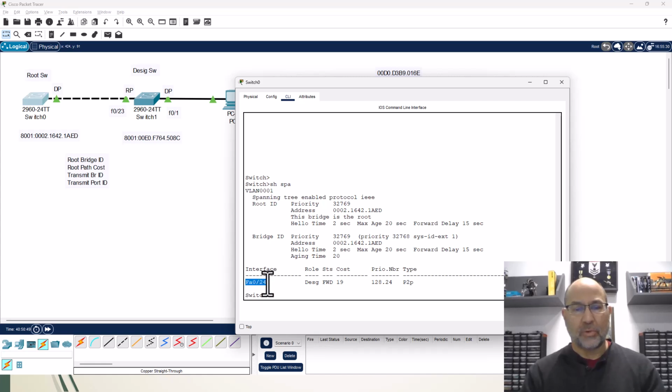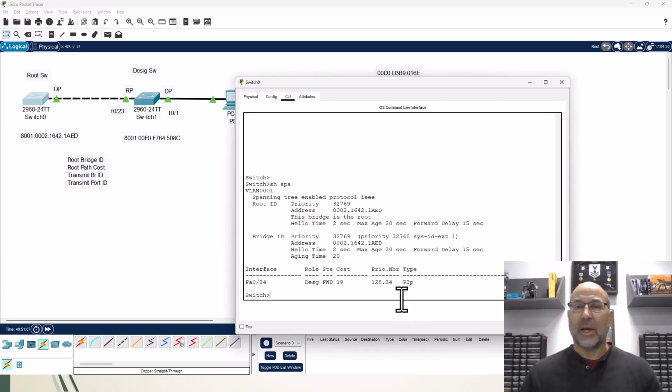So port 24 has a designated role. Its status or its state is forwarding. We can see it's got a cost associated with it. And the port has a port ID, which is a combination of the port priority plus the port number.